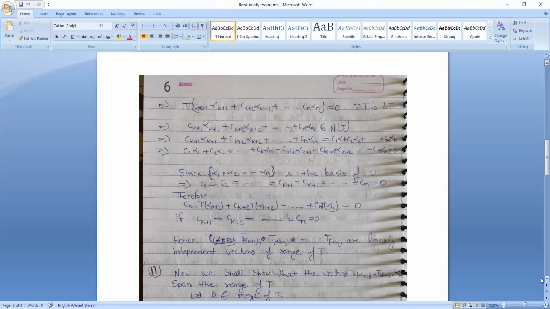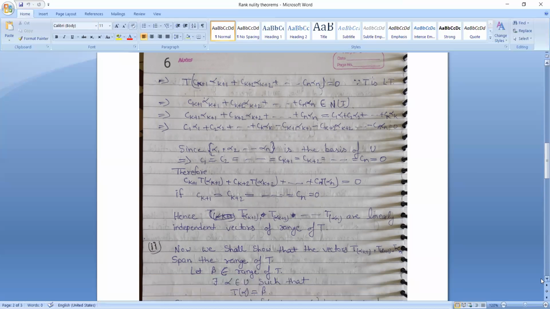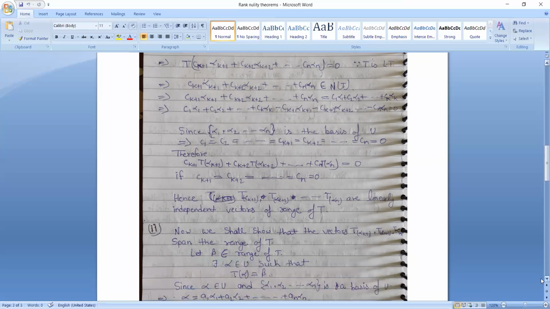Since T of this vector is 0, it means this vector belongs to N. That implies C1 alpha 1 plus C2 alpha 2 and so on Ck alpha k minus C k plus 1 alpha k plus 1 minus C k plus 2 alpha k plus 2 is equal to 0. Since alpha 1, alpha 2 and so on alpha n is the basis of U, that implies C1, C2 and so on C k plus 1 and so on Cn are all equal to 0.